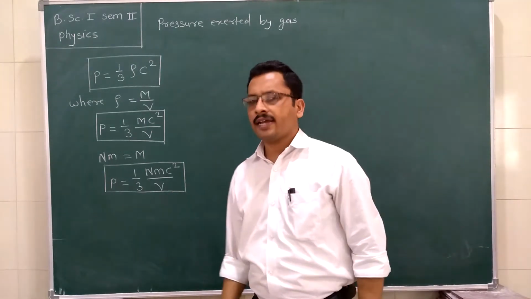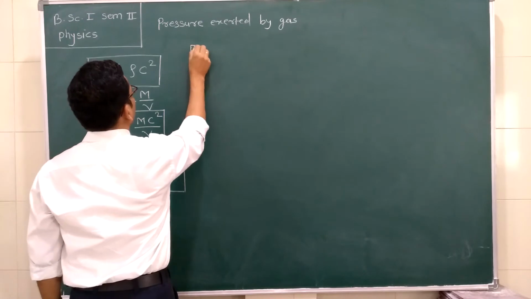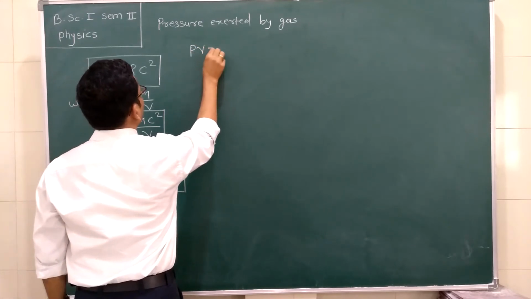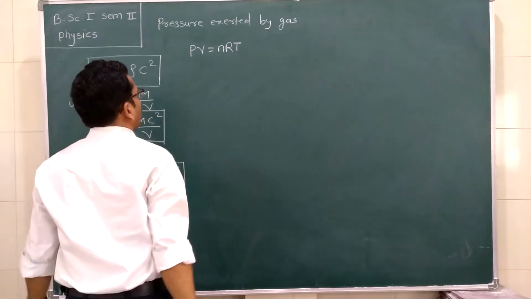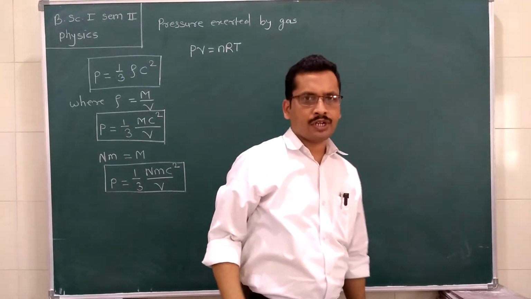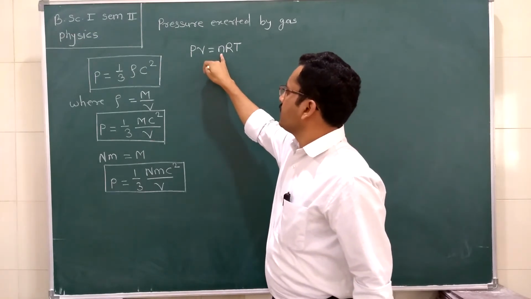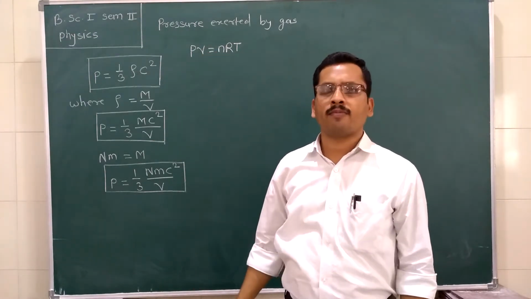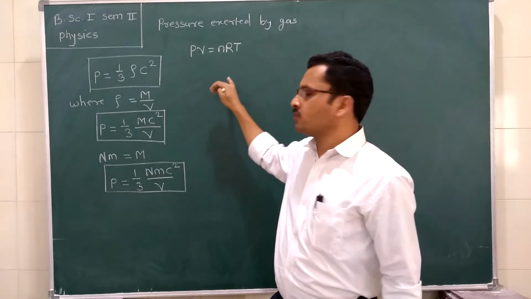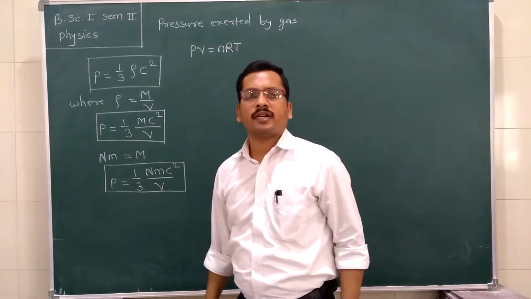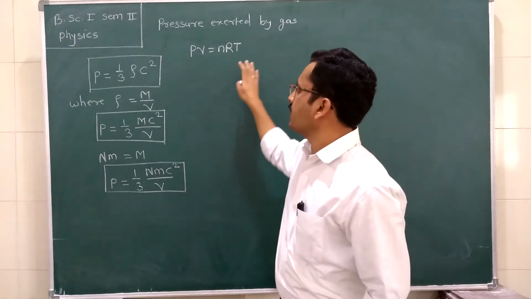We know that the ideal gas equation is PV = nRT, where P is pressure, V is volume, n is the number of moles, R is the gas constant, and T is the absolute temperature. So this is the ideal gas equation.